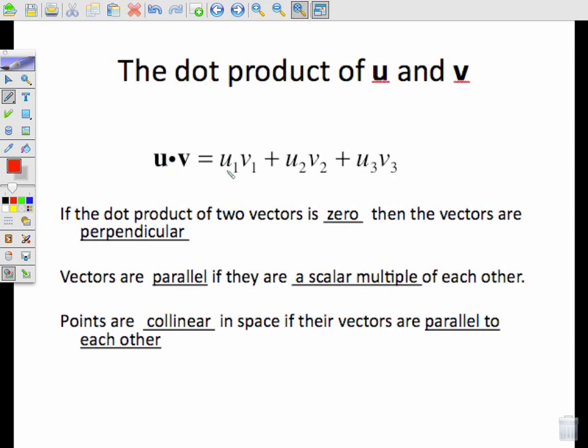All right, now we're going to look at the dot product. So again, the dot product, we have the original set here, but now we're going to add the third component. If the dot product of two vectors is 0, then the vectors are perpendicular to each other.